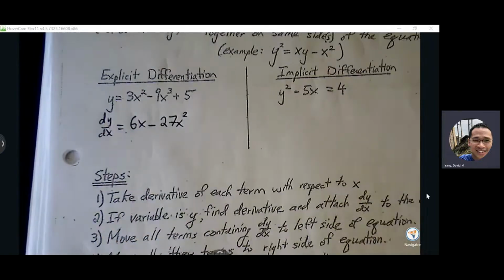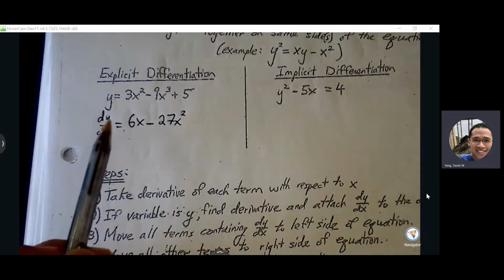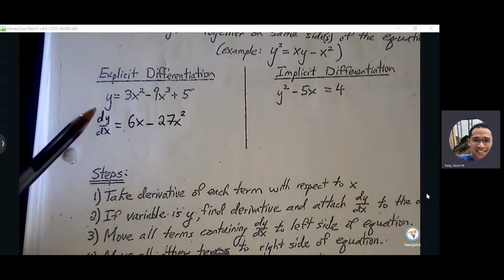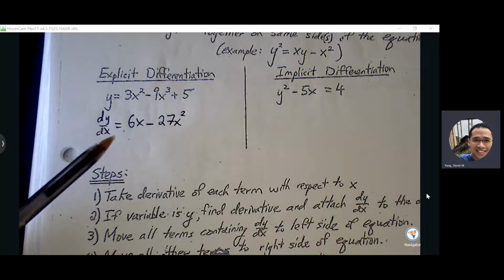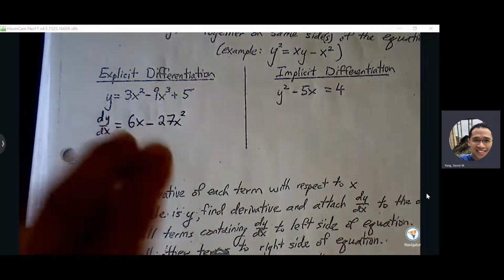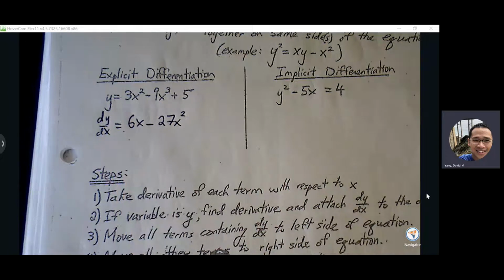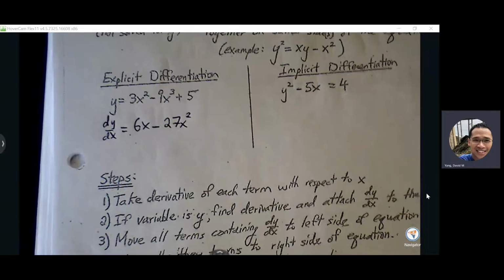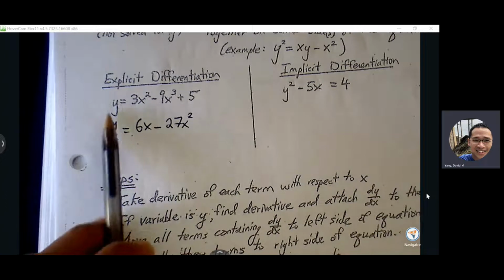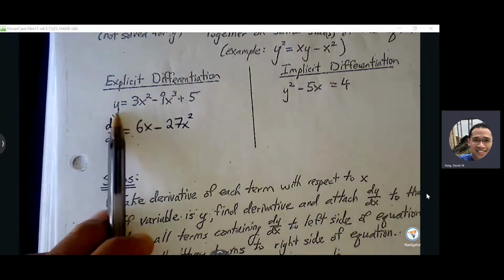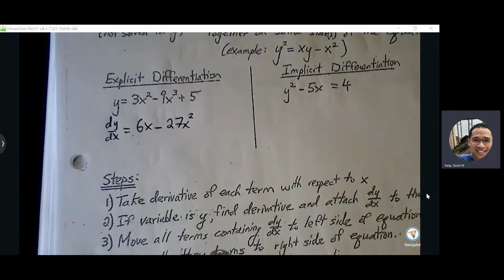Now, let me talk a little bit about some behind the scenes things that we've been leaving out because we really didn't need all that. But now it's going to be more helpful to see it so that we can distinguish some things that we now have to deal with. So technically, we are doing something on the left side, but we just call this dy dx, right? We never thought of it as, oh, I'm taking a derivative of y.